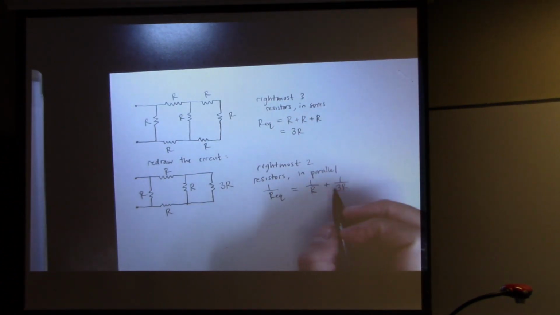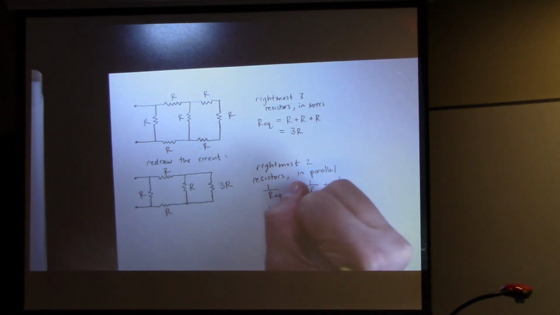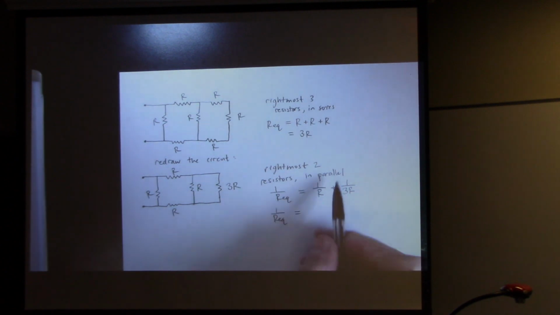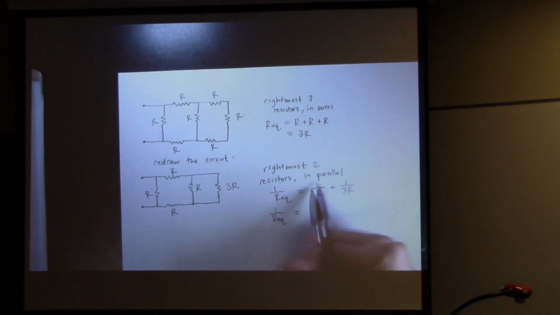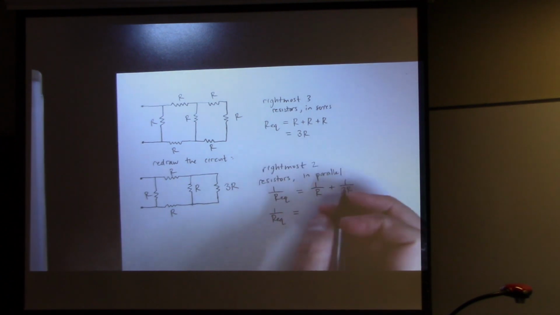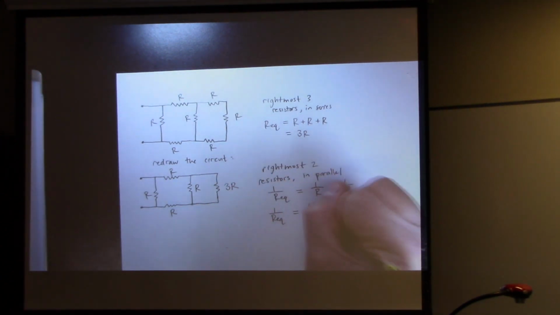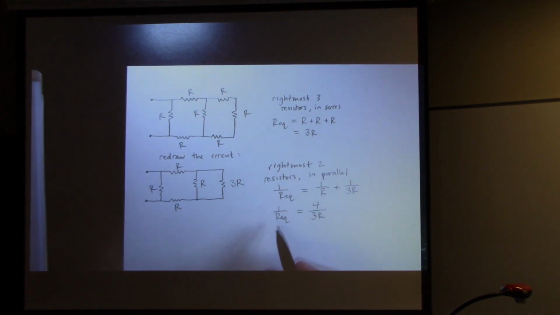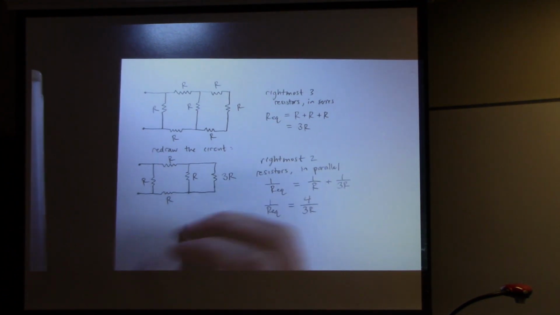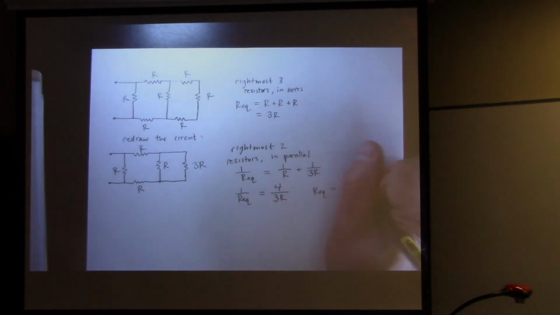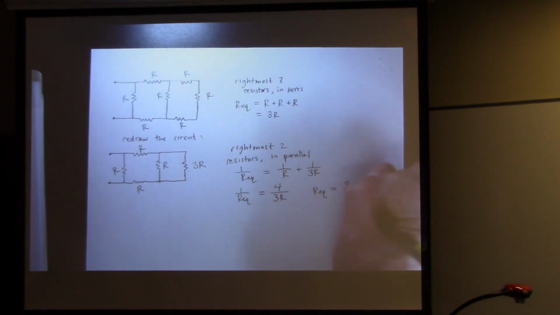I want to combine these two fractions, so think of this as 3/3 and this as 1/3. Overall, we have 4/3 with R on the bottom. I have to invert both sides of the expression to solve for REQ. So the equivalent resistance is 3/4 R.